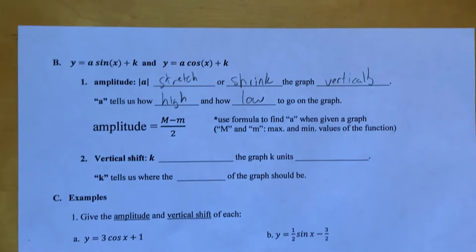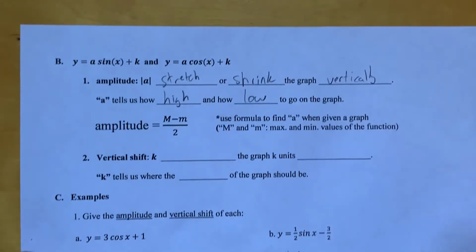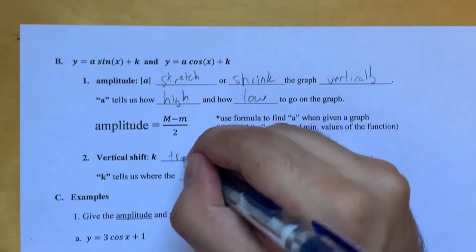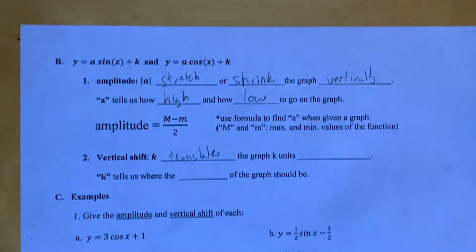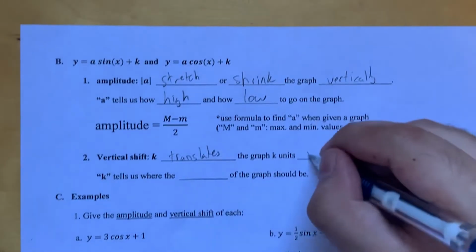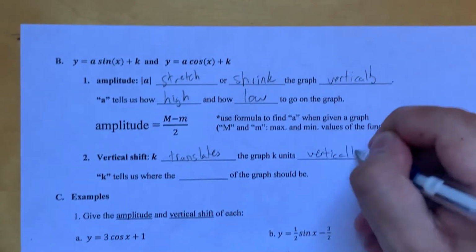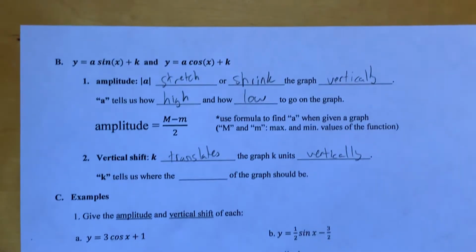So vertical shift: K vertically shifts the graph. K translates the graph K units vertically. It will shift the entire graph up 2, down 2, depending on whether it's plus or minus.